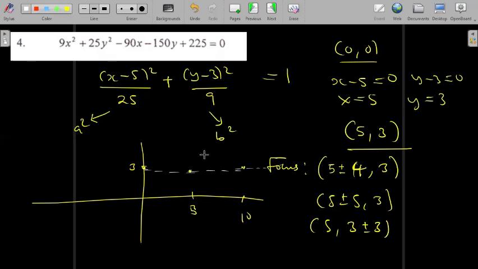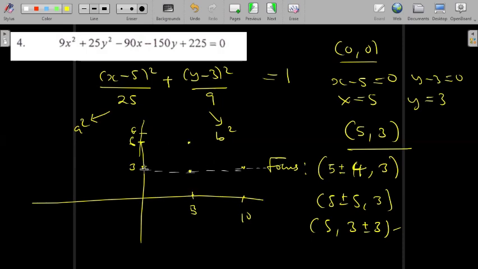Then in the minor diagonal, it's going to be at the same 5, but when we add 3, plus 3 is going to give us 6. When we subtract, 3 minus 3 will be 0. So we have 5 comma 0, which is going to be here.